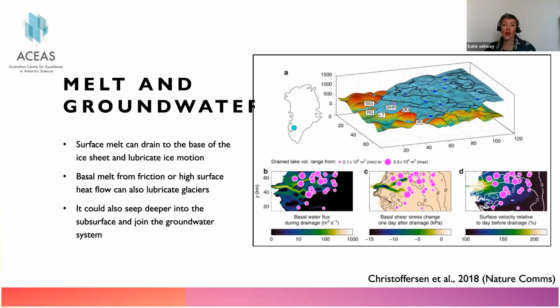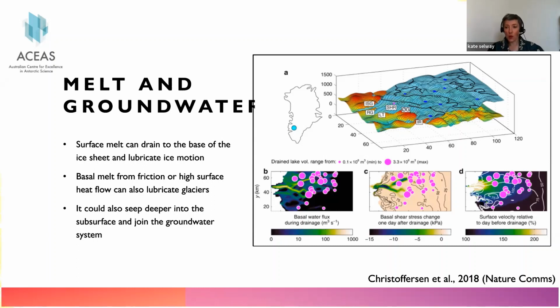And then I guess another thing that meltwater can do is interact with deeper groundwater systems. Once that meltwater is at the base of the ice, it can seep further down into groundwater systems, and form part of the bigger hydrologic system beneath ice sheets.